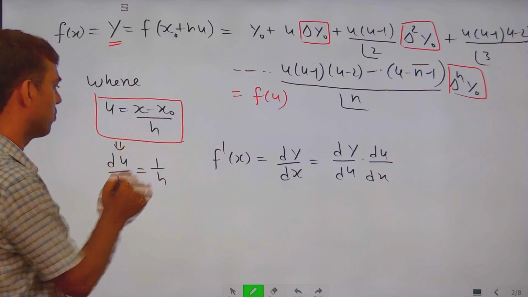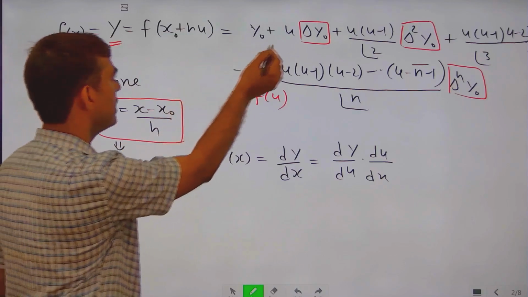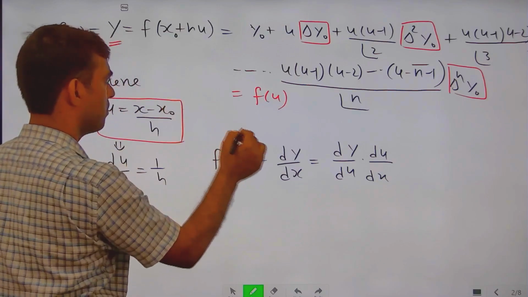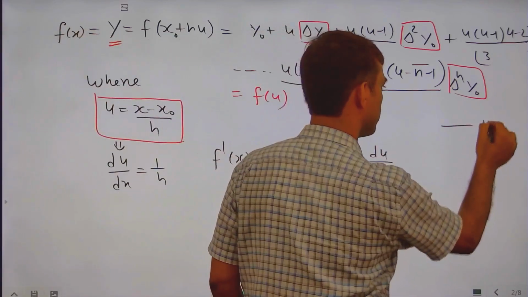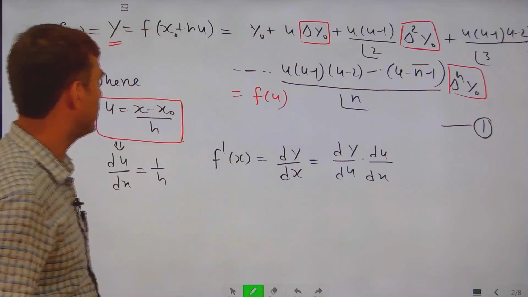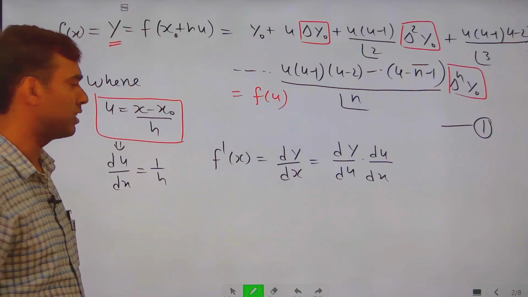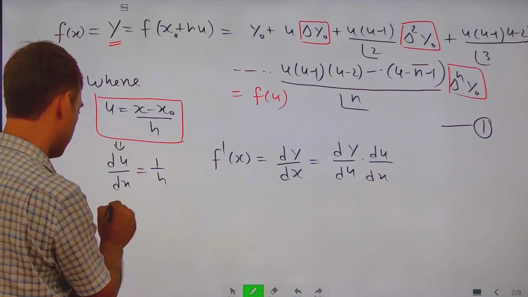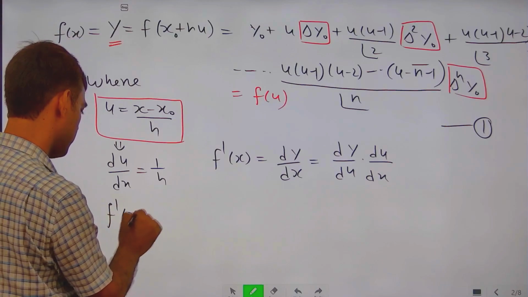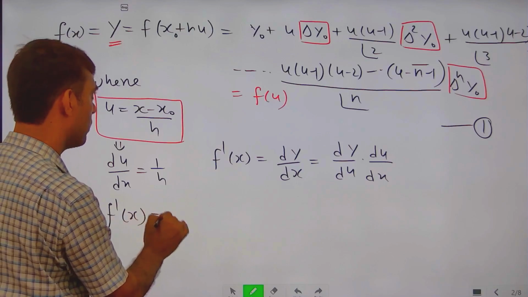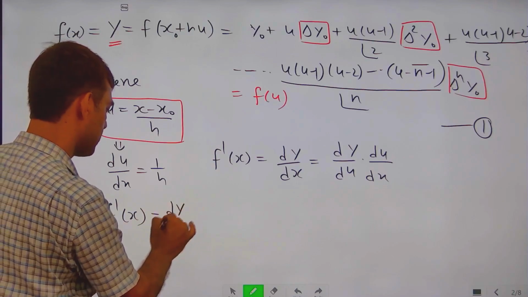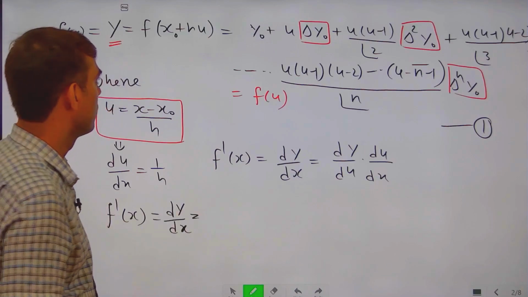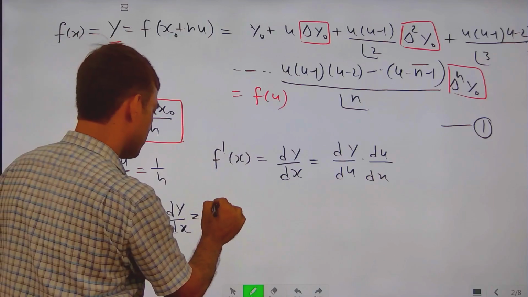Let this be equation number 1. If we differentiate equation 1 with respect to x, f dash x equals dy by dx, and du upon dx is 1 upon h.